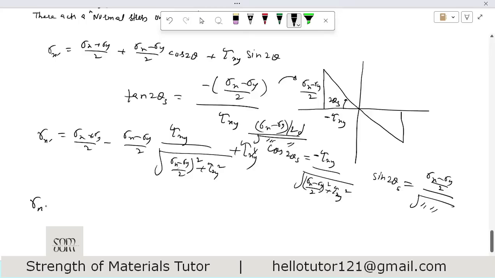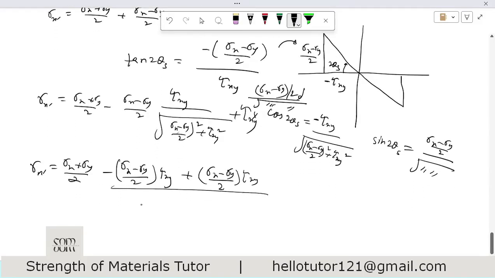Sigma x prime is sigma x plus sigma y divided by 2, minus sigma x minus sigma y divided by 2 tau xy, plus sigma x minus sigma y divided by 2 tau xy whole divided by square root of sigma x minus sigma y by 2 whole square plus tau xy whole square.